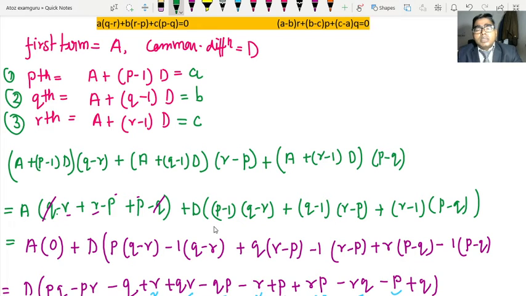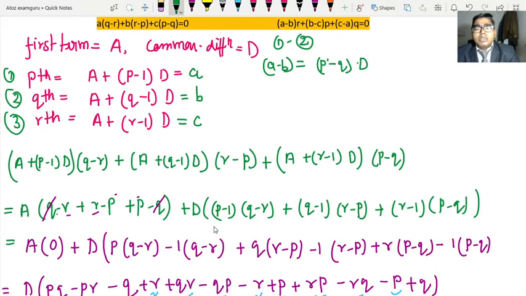If you subtract these successively, you want A minus B. It means you have to subtract 2 from 1, that is 1 minus 2. So A minus B equals what? You will get P minus Q into D.